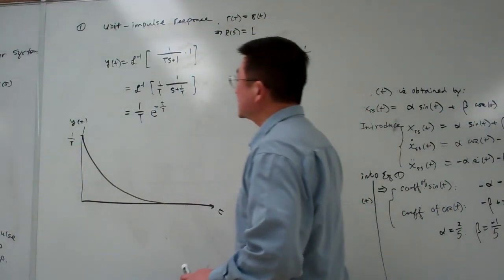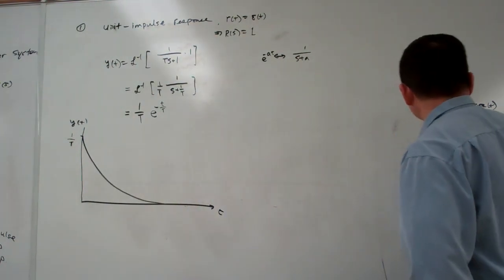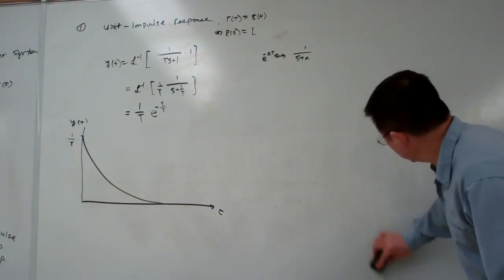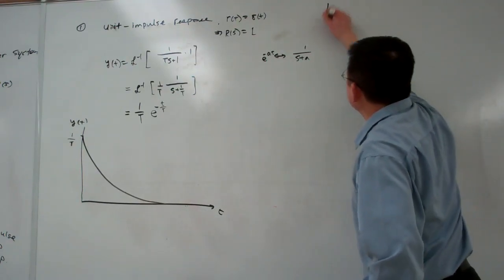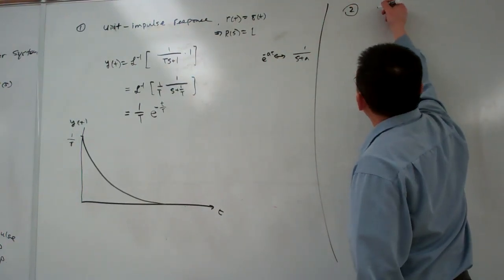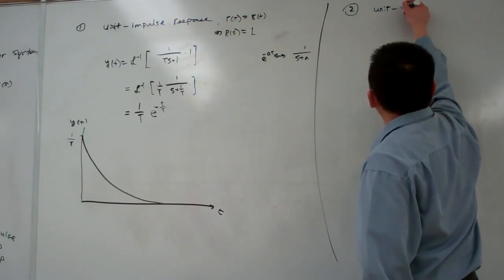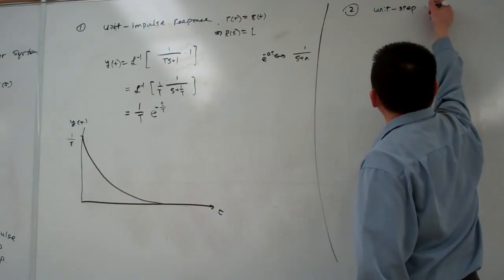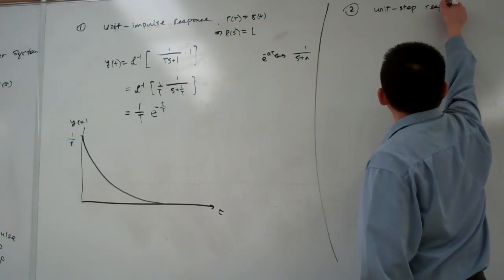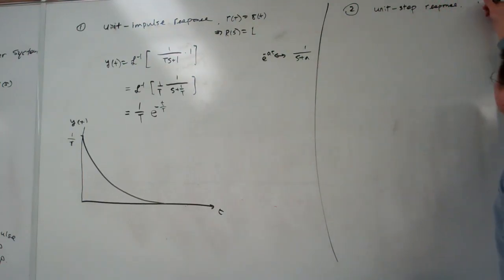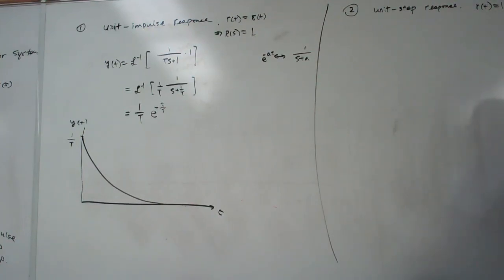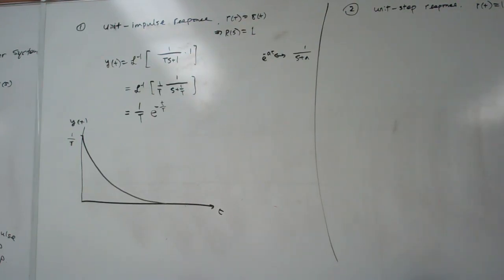For the second case, the unit step response. The unit step response is when the input equals 1. So if we draw it against time, this is our input R(t), and that value equals 1. That is called the unit step input.